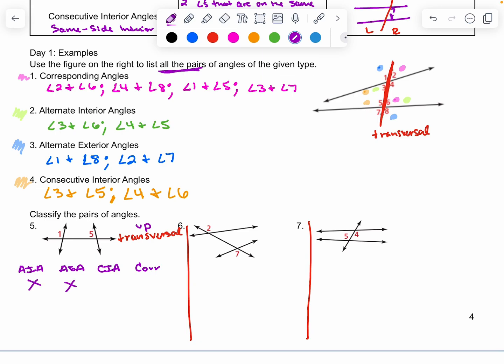Okay. So now I have to look at, are they interior or are they corresponding? 1 here is not inside my 2 lines. And if I look at this, they're both on the top left. These are corresponding angles.